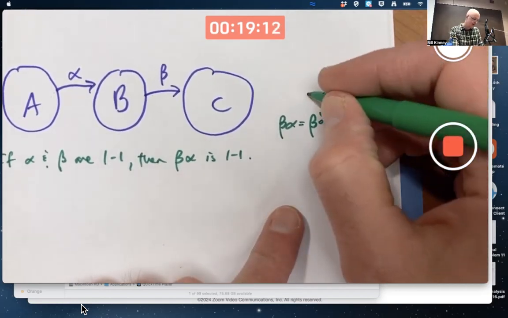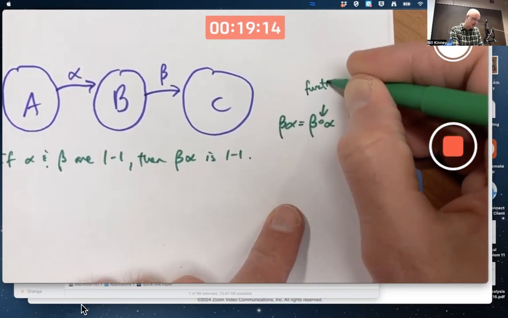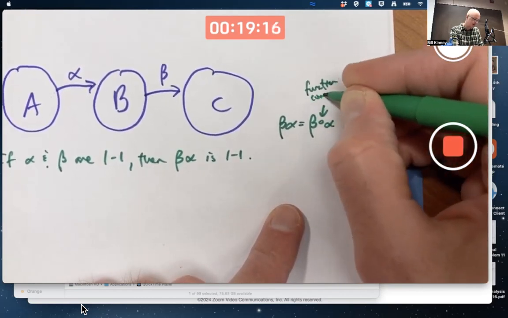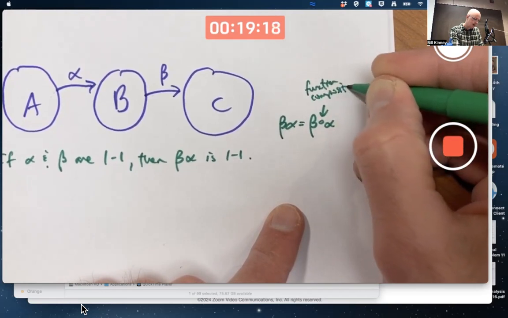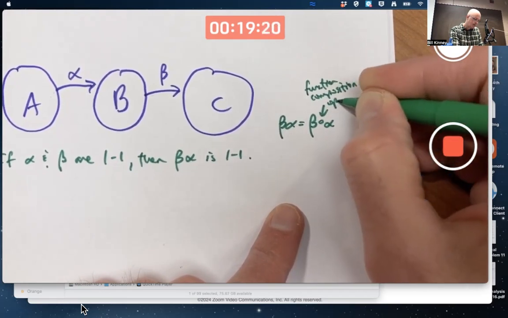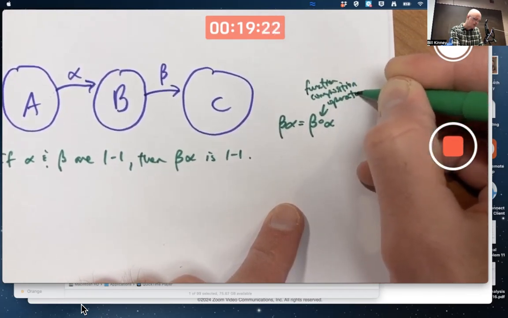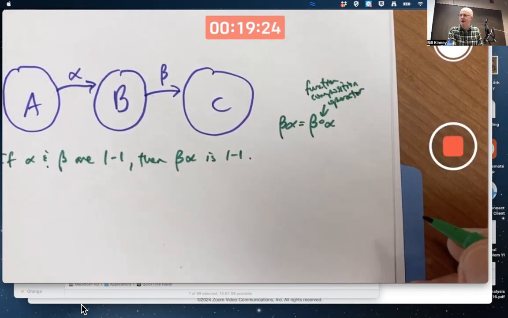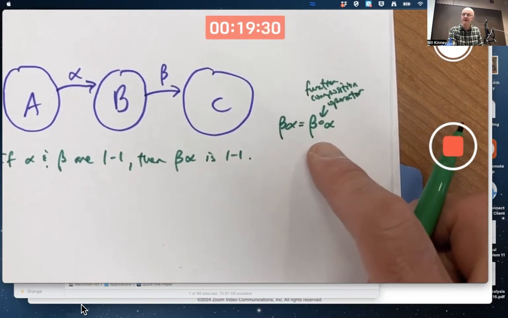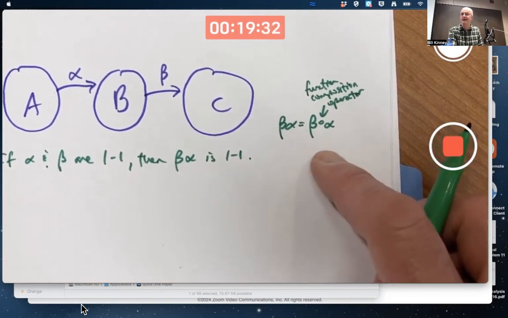This is the function composition operator, you could call it. Our textbook doesn't use that notation, but there are textbooks that do. It's just a way of saying I've got two functions that I'm combining to get a new function. How is it defined?